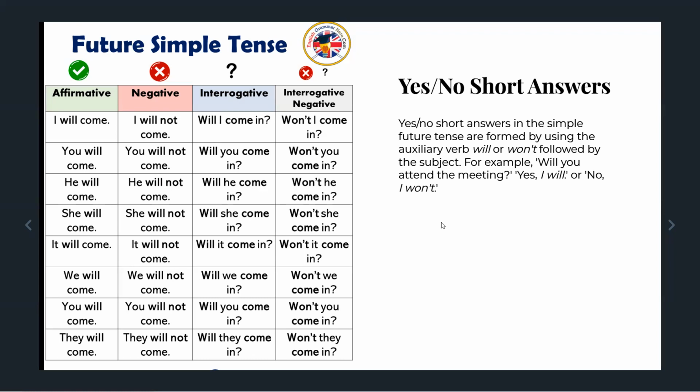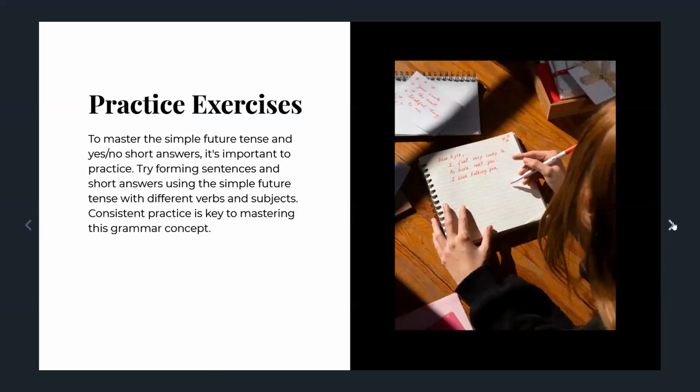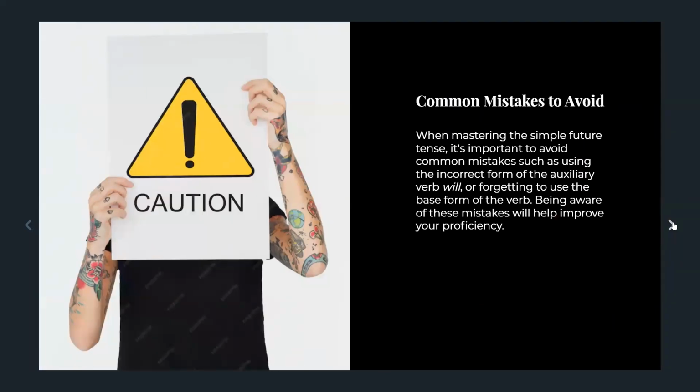Okay, so let's continue with our presentation. To master the simple future tense and yes/no short answers, it is important to practice. Try forming sentences and short answers using the simple future tense with different verbs and subjects. Consistent practice is key to mastering this grammar concept. But caution, here are some common mistakes to avoid.